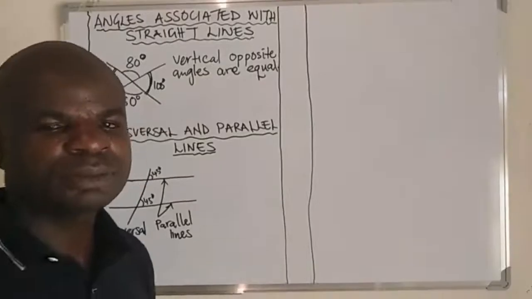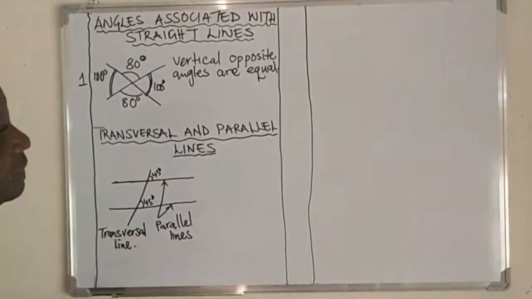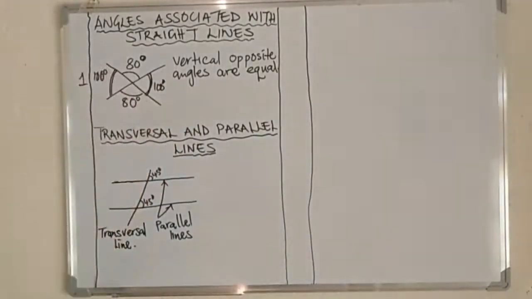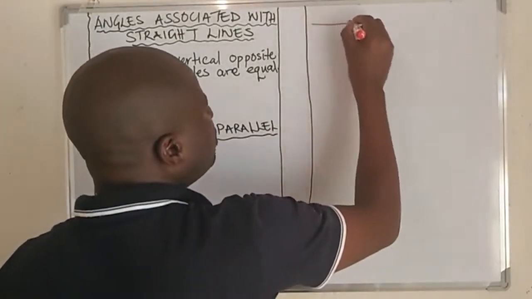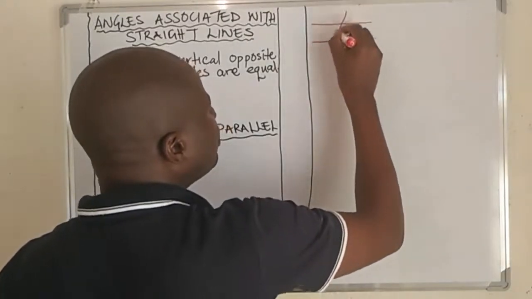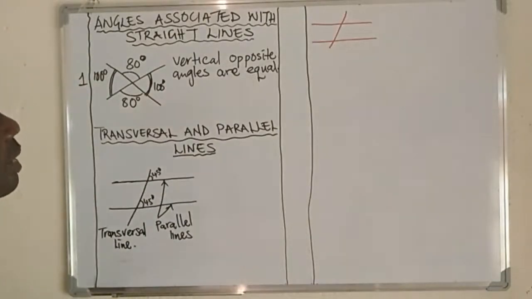Now let's talk about the angles that are formed by these lines. Let me use the red marker here. I'll draw these two parallel lines, then this one will cross. So there are angles.